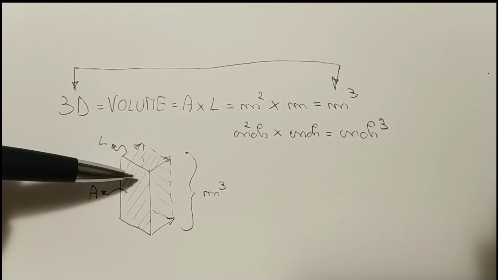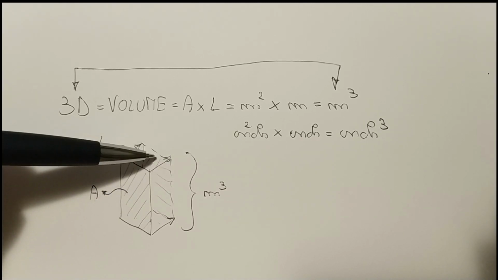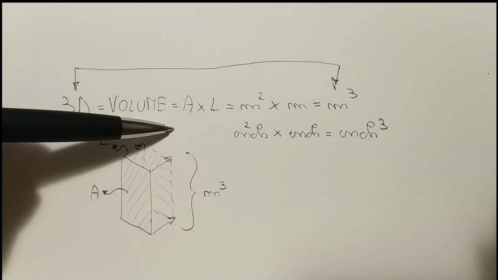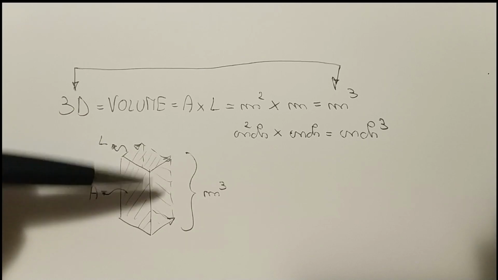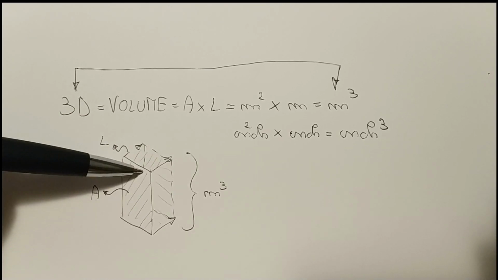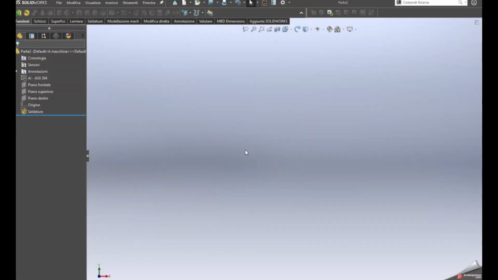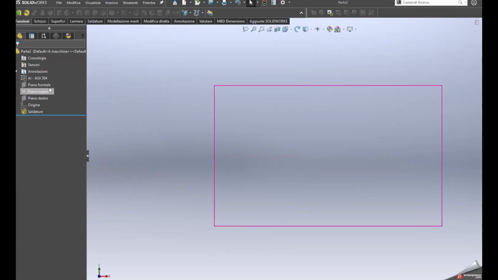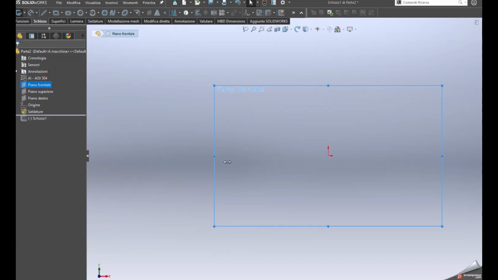And the last is to remember that this volume can be in addition, or this volume can be cut, and so you will make a hole. We have to start to make a sketch like on the paper, but from a plane. The plane will be our new paper. And so we go to select a plane.